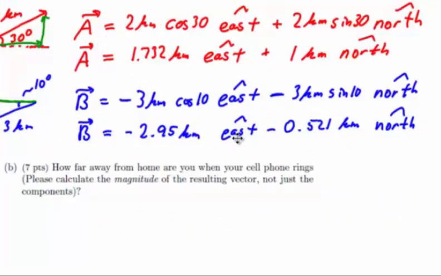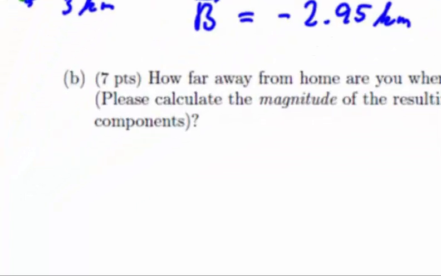In part B, we're asked how far away from home are you when your cell phone rings, and to calculate the magnitude of the resulting vector, not just the components. As compared to a simpler vector problem, we are not told whether we should add or subtract these two vectors. We need to figure that out for ourselves. If we make a diagram of the walk, we'll find the following.